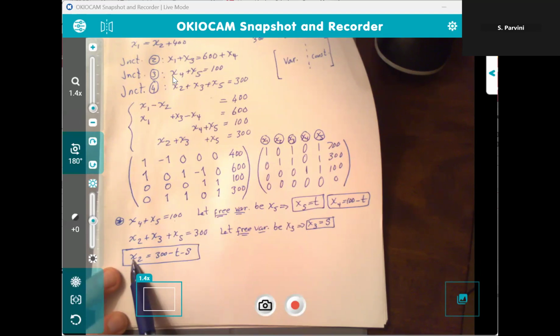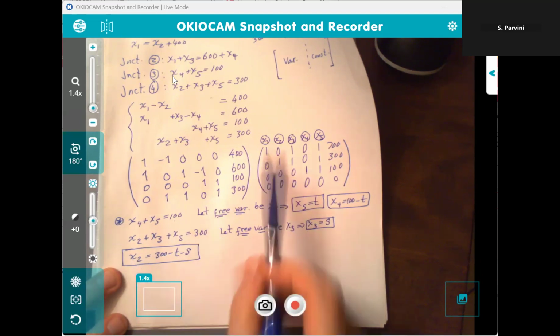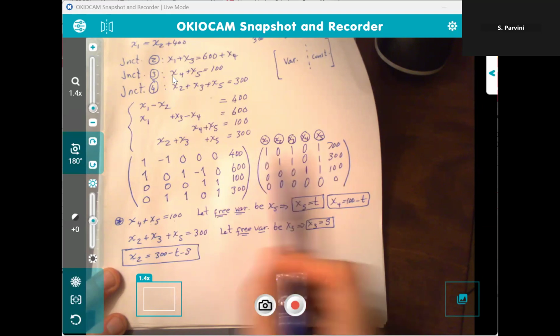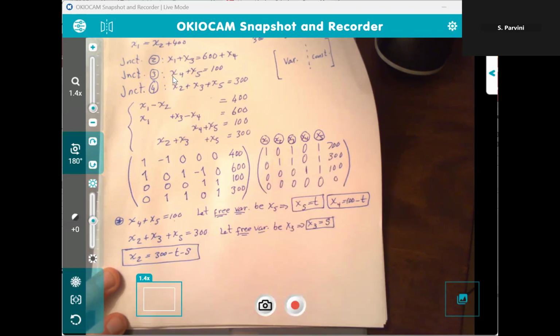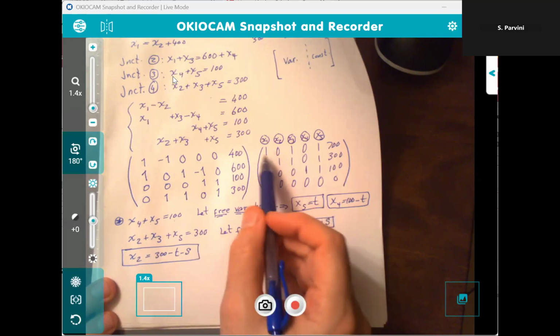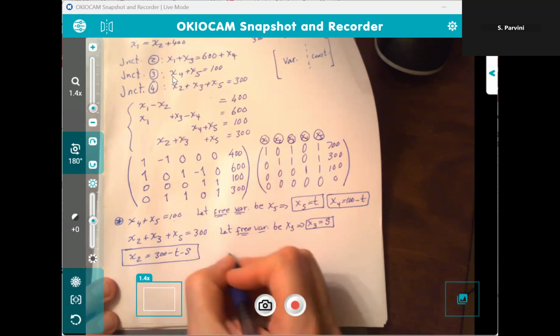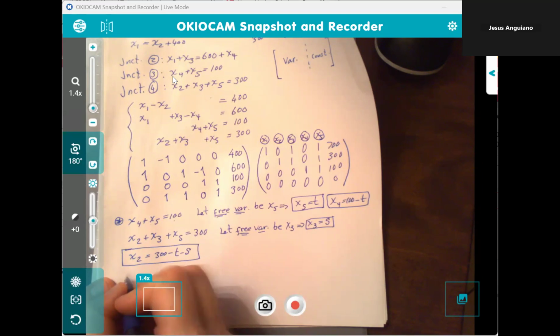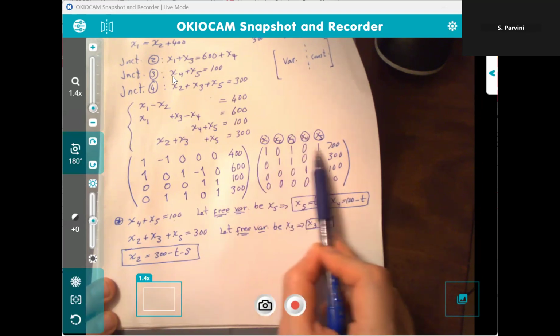The only thing that remains is x sub 1. Let's go to our first equation. What does it read? The first equation, we're looking at the first.